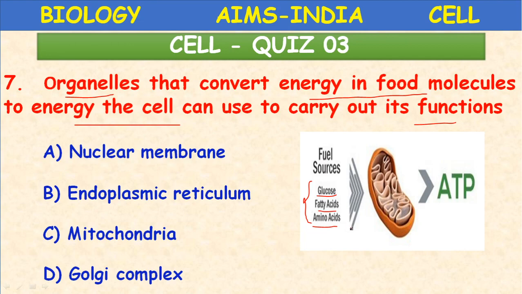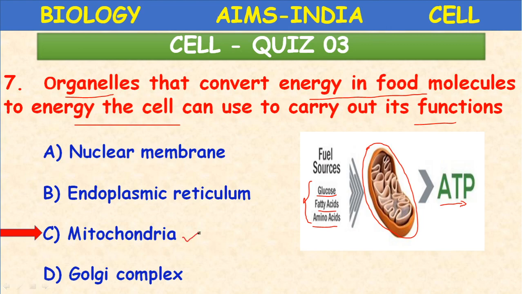This is done in the organelle. What is this organelle, children? Where the chemical energy present in this is converted into metabolic energy in the form of ATP, adenosine triphosphate. This is also called energy currency. Yes, you are right.